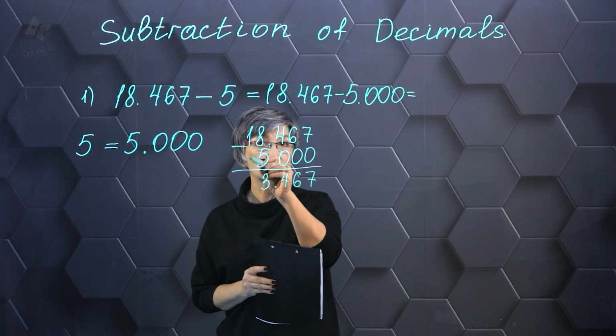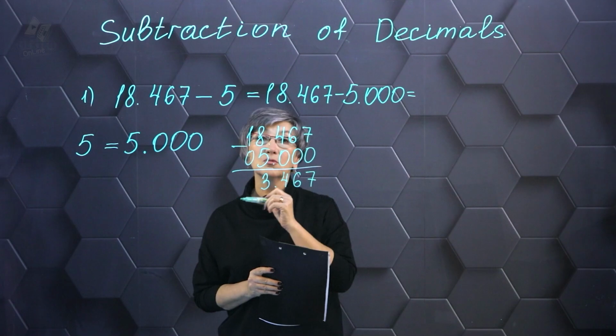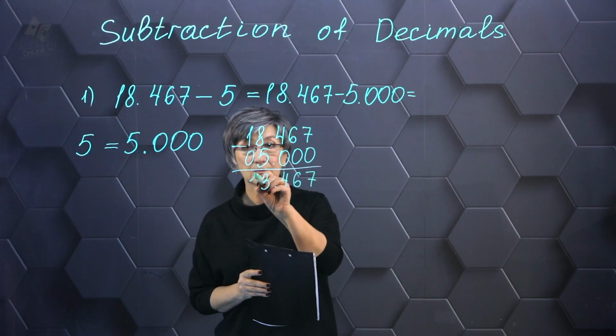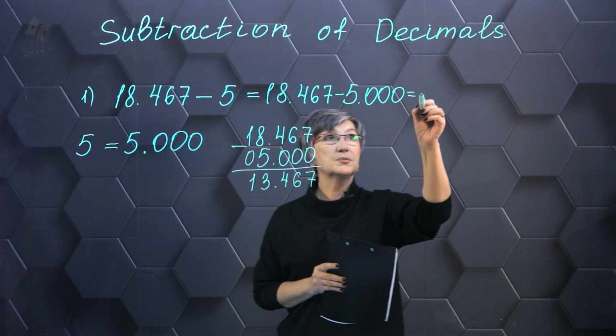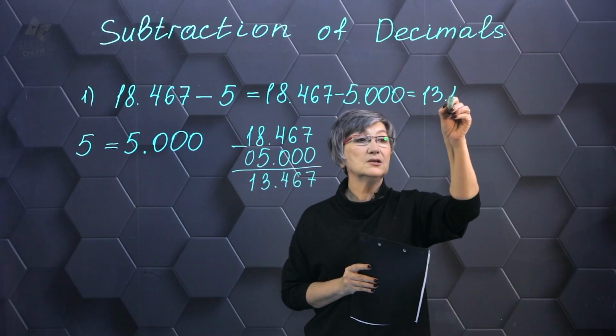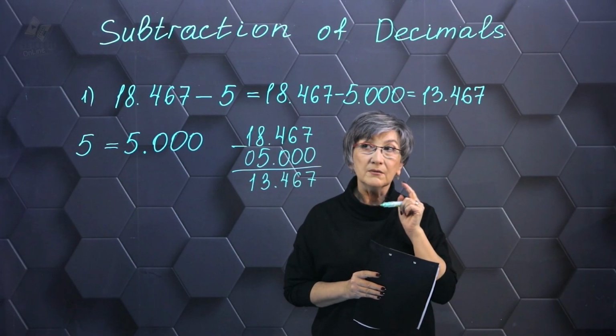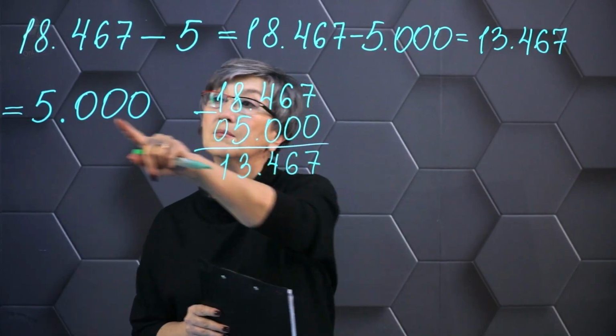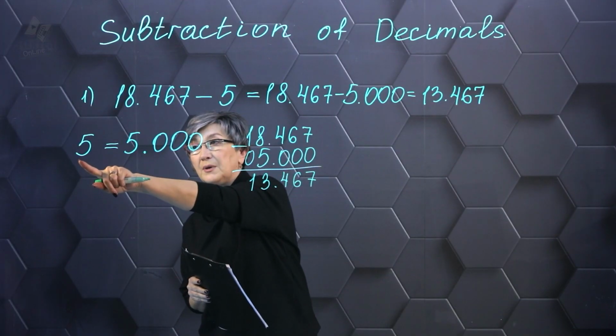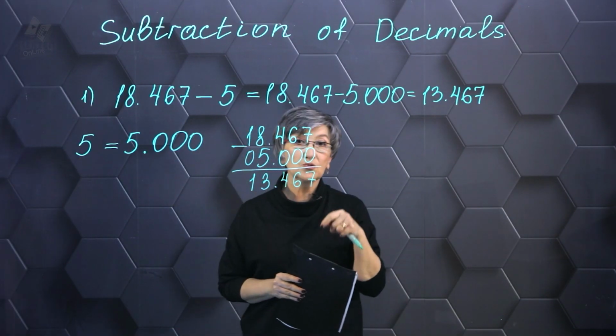For the next position, there is no digit, so I'll consider it as 0. 1 minus 0 equals 1. Therefore, the final result is 13.467.